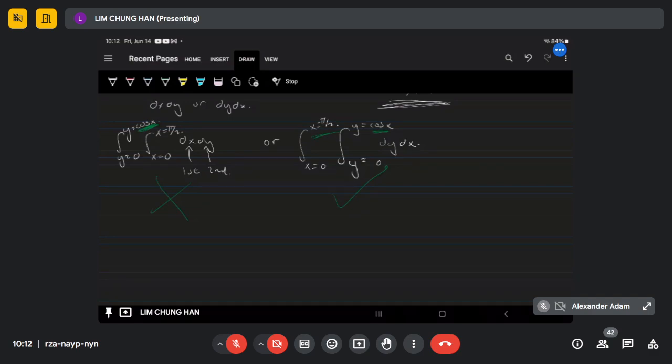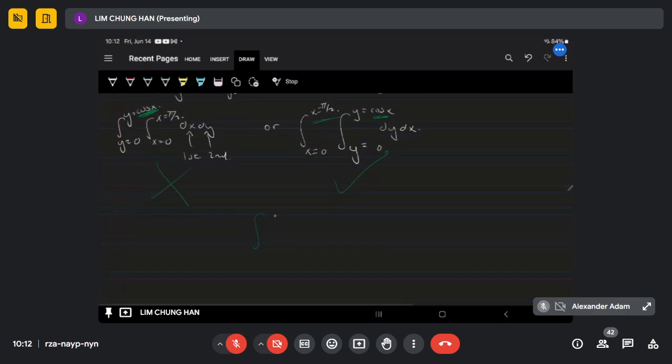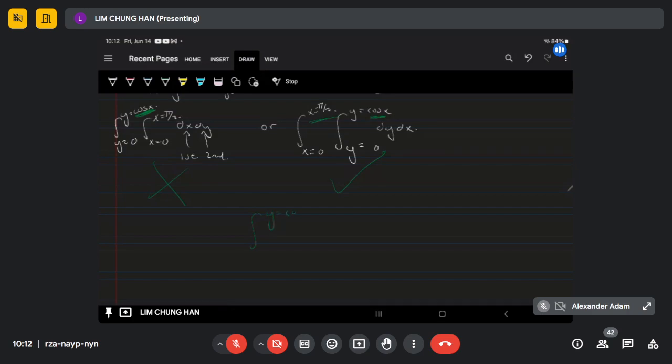So now, next question is about the y limit. As I said, when you do limits, you have to go from a smaller number to a bigger number all the time.